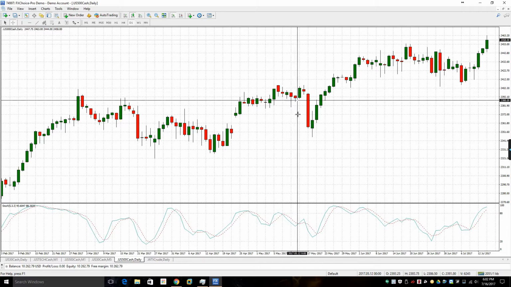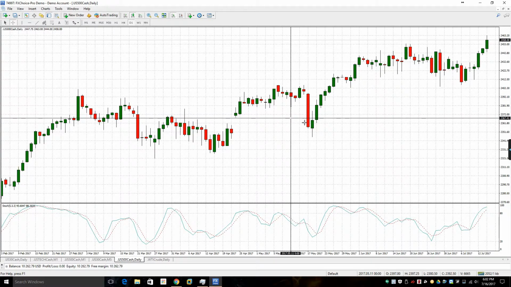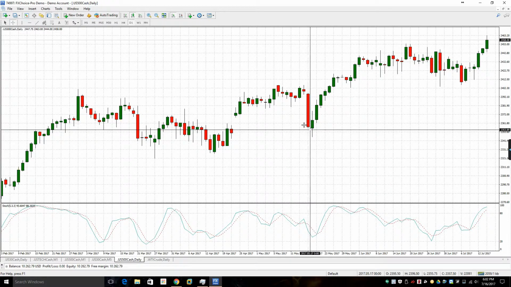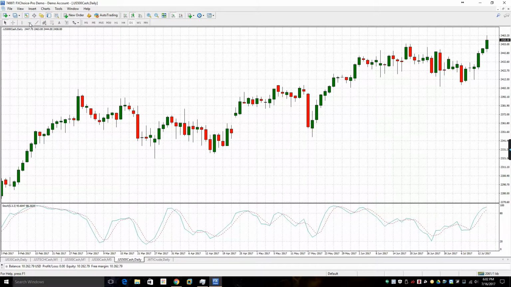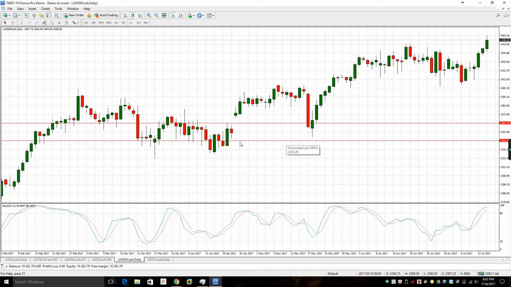It breaks up, and then somewhere around this level I have my pending order, just like you would in trading, maybe down here. But the difference is, my order's tagged here, and I don't have a stop loss on it. And then I would have another order, let's just say down here.